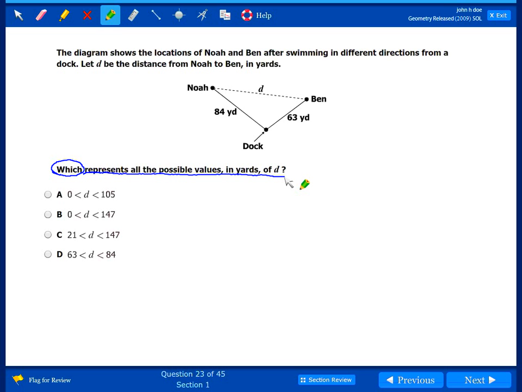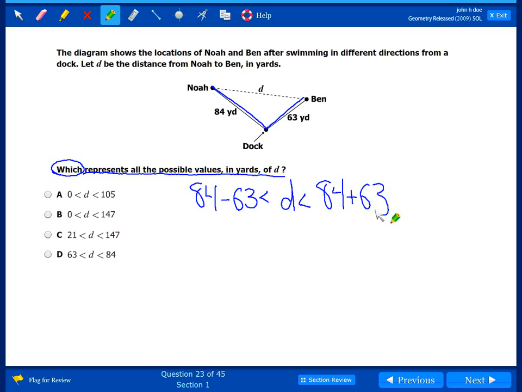In order to solve this problem, we take the two lengths that we have, we subtract them, and we know that the range is between the subtraction and the addition. So whenever we do that, we get 21 and 147. So our answer is just C.